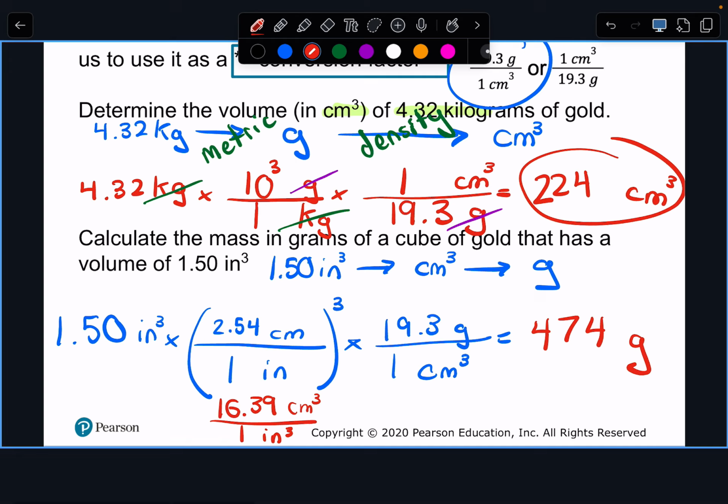I will say that density is often taught as an equation. And even I think in your textbook, it'll say density equals mass over volume. I would recommend not going there. I have noticed that students have a tendency to not do algebra well.